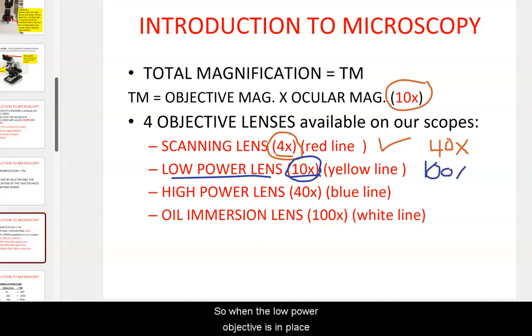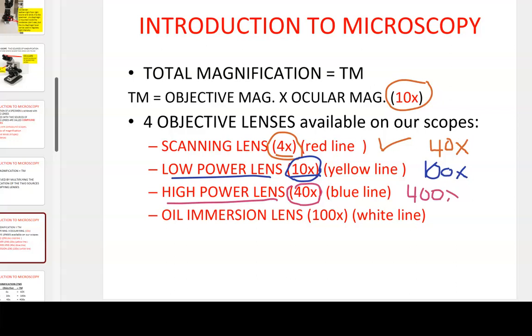So when the low power objective is in place, the specimen is being magnified 100 times. As you switch to the next highest power, which is the high power lens, the magnification increases to 40x, which when multiplied by the 10 times magnification of the ocular, we're looking at a magnification of 400x.